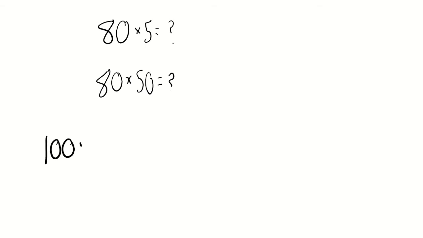If I said 80, which is a multiple of 10, times 5, what would that equal? Now that's what we're going to try to understand. If I said 80 times 50, what does that equal? Well, for us to understand that, we need to know what we're doing in, let's say, 100 times 5. Because we know that we just write 5 and we just add 2 zeros.